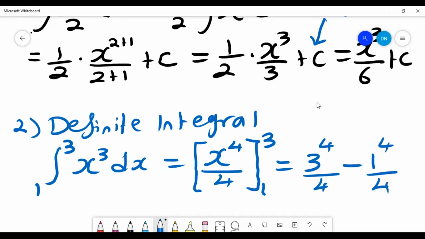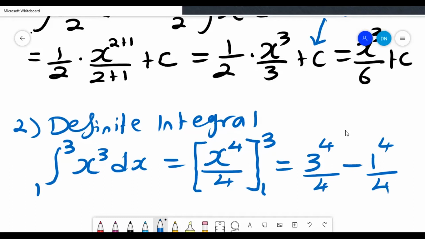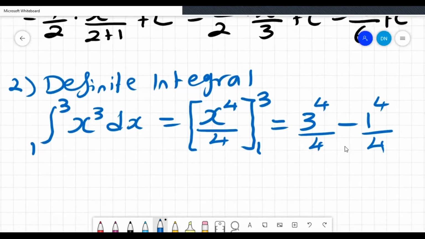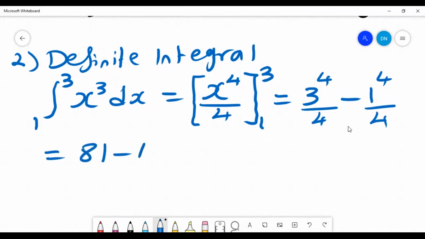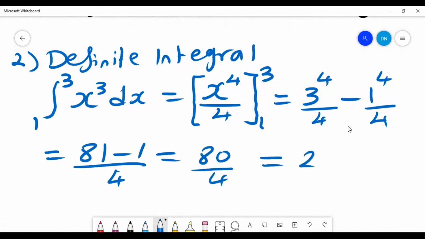So that's what we have. And you can have the outside. Once you're done, you bring it back. Or I just divide with it. 3 to the power 4 basically is not a small number, it's 81. So it is 81 minus 1 divided by 4, which is 80 divided by 4, which is 20.